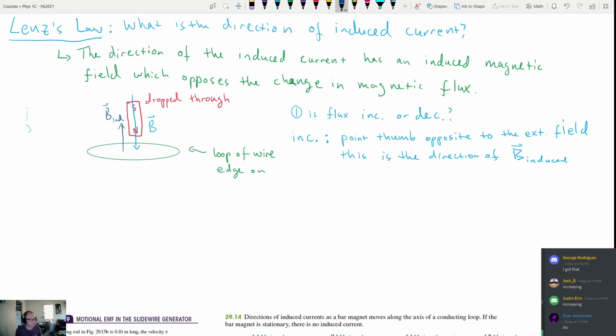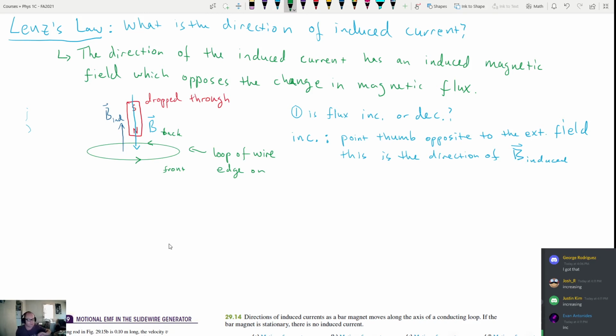And now what you do is you use the right-hand rule. If my induced magnetic field goes this way, the type of current that would produce such a magnetic field would swing and wrap around this way, so I know that my induced current must be going like this. Remember, this is the front, and this is the back here, okay? The current's going to come around the front and then go around the back like that, okay?